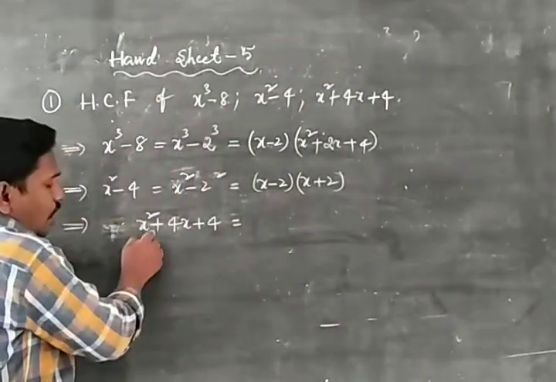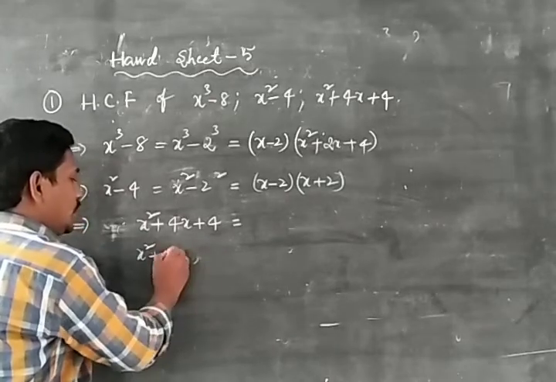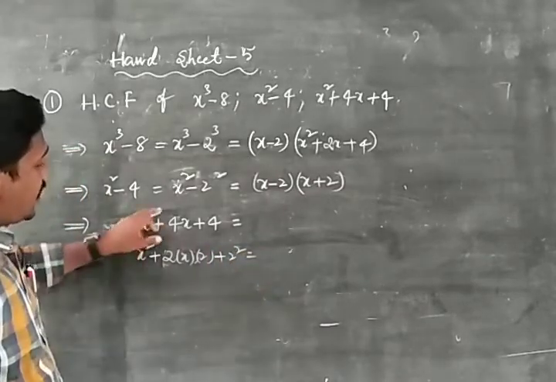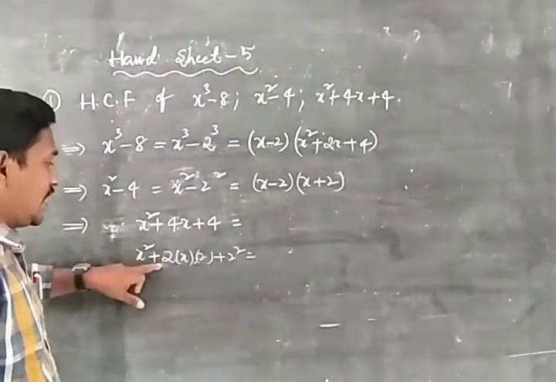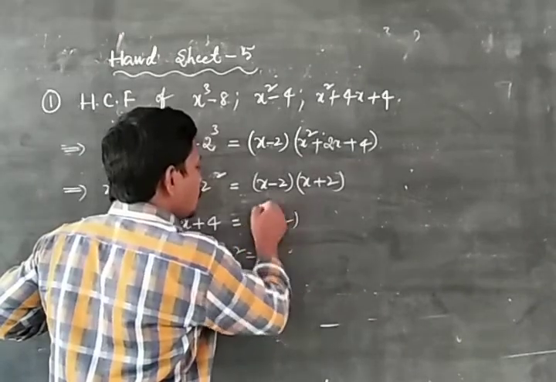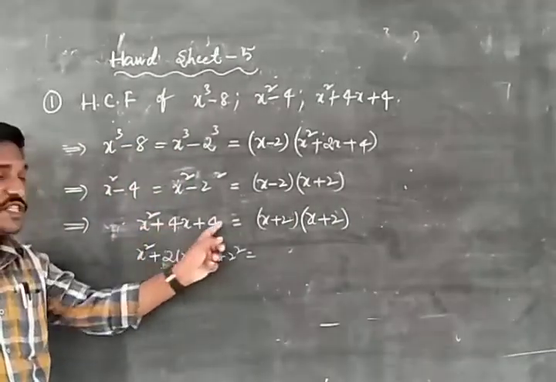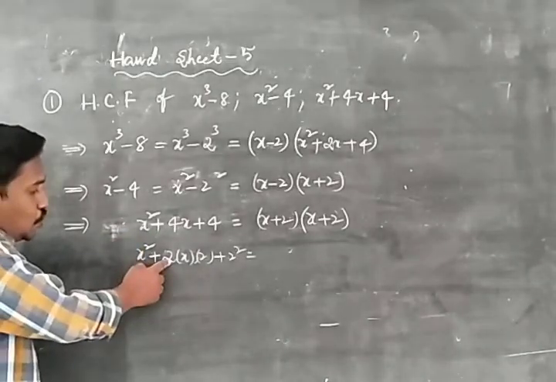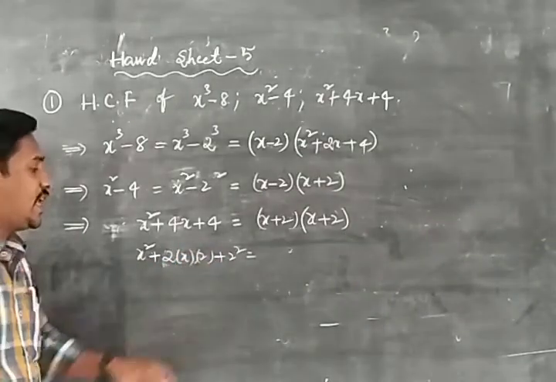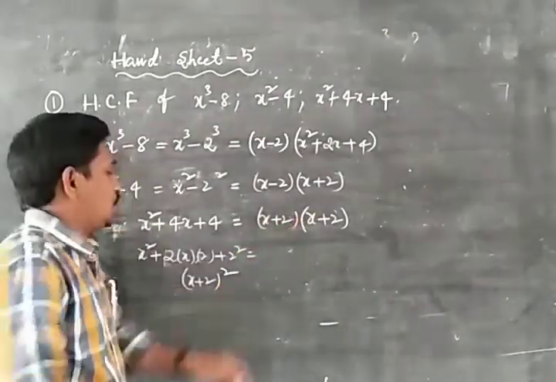How can you write it? x square, plus 2 into 2x, that is 2 into ab, plus b square, which is 2 square. a square plus 2ab plus b square is written as x plus 2 whole square. x plus 2 whole square means x plus 2 into x plus 2.